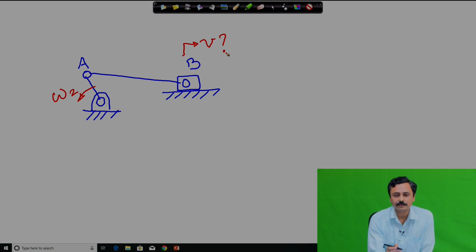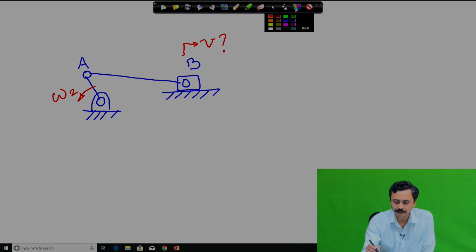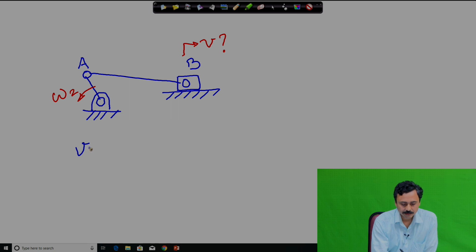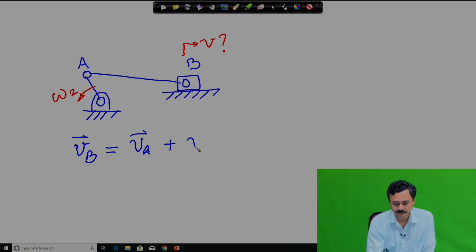So, to proceed with this method, what you need to do is you have to start writing the associated equations. So, let us say I will write V b is V a plus velocity of b relative to a.